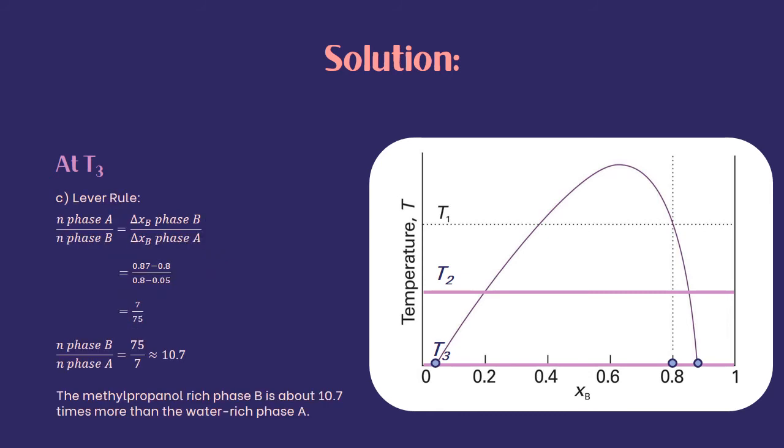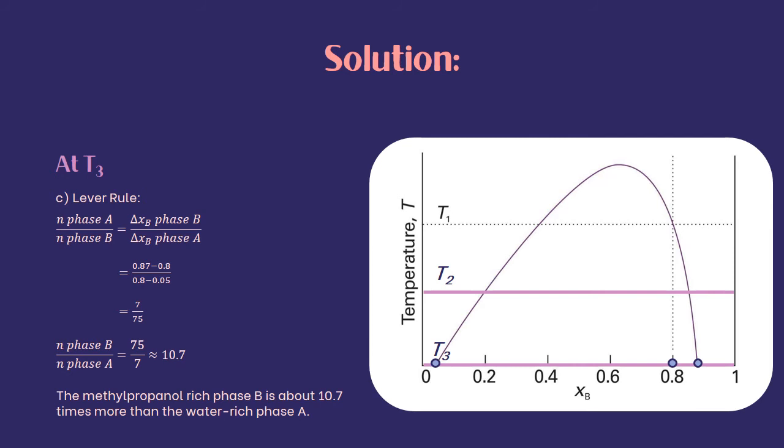To determine the proportion of each phase, we use the lever rule, which is given by the moles of phase A over the moles of phase B, equal to the difference between the mole fraction of methylpropanol in phase B and the mole fraction of methylpropanol in the whole mixture, over the difference between the mole fraction of methylpropanol in the whole mixture minus the mole fraction of methylpropanol in phase A.